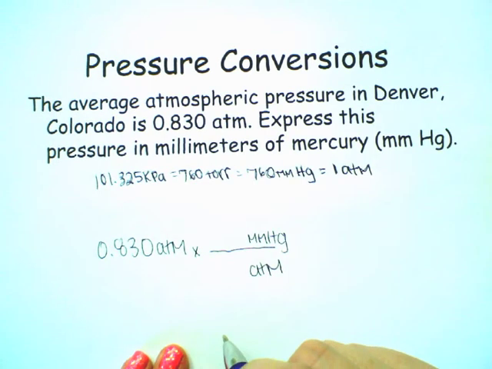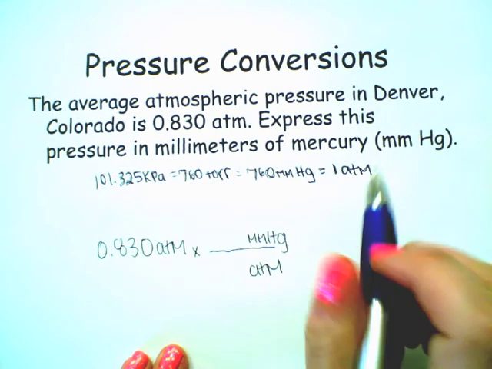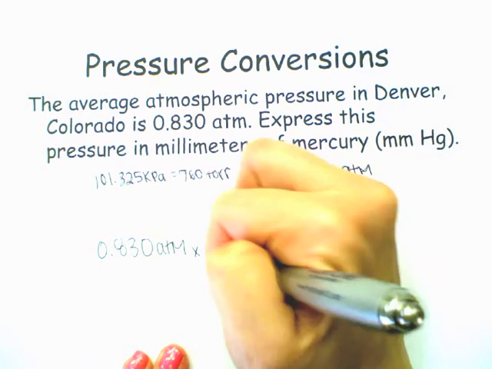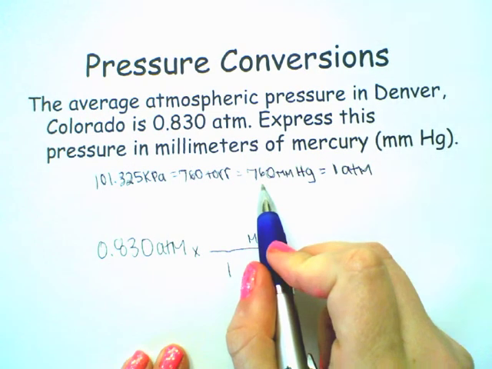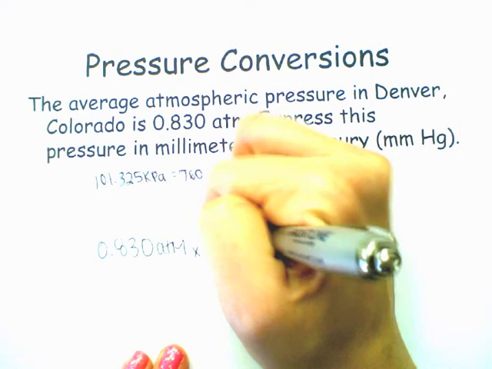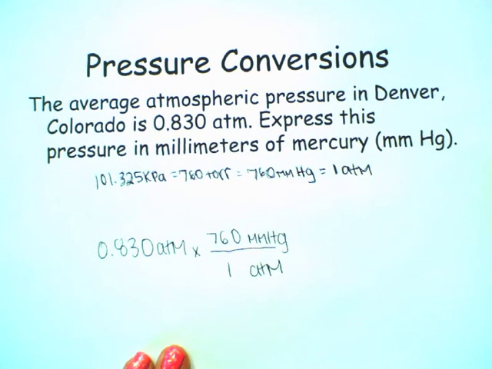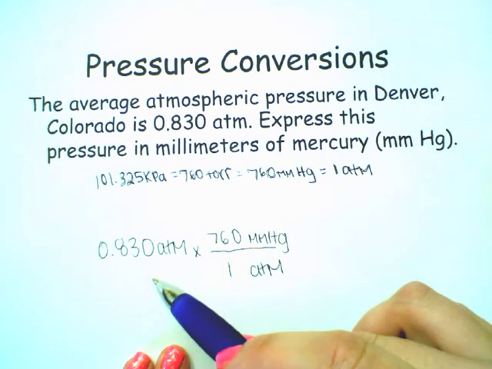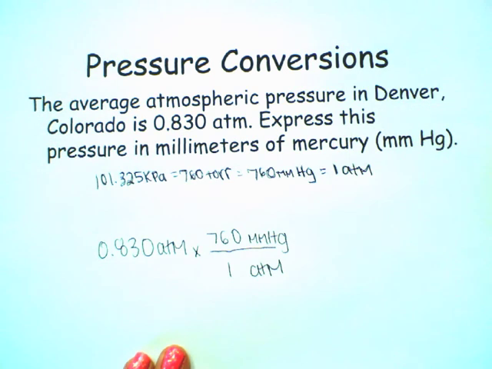Okay, so now I'm going to go ahead and look at my conversion factors. It says for every 1 atmosphere, I have 760 millimeters of mercury. So I'm just going to fill those numbers in. Multiply the numbers on the top and divide by the numbers on the bottom. So 0.830 times 760 divided by 1.